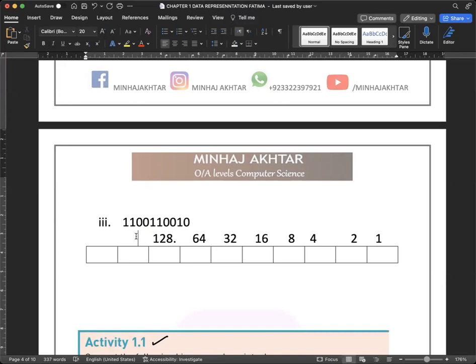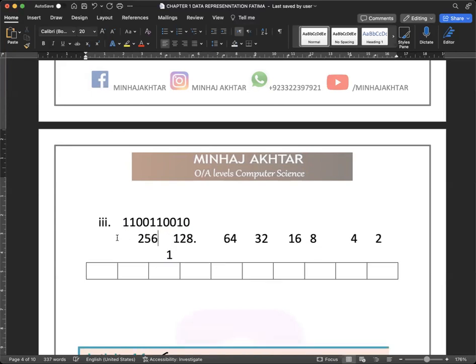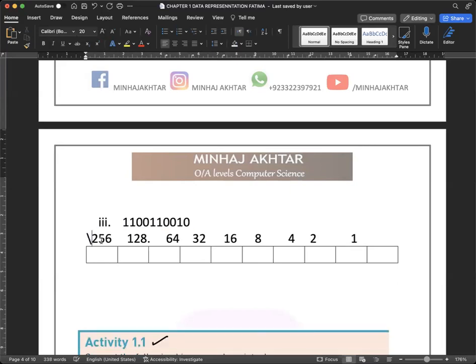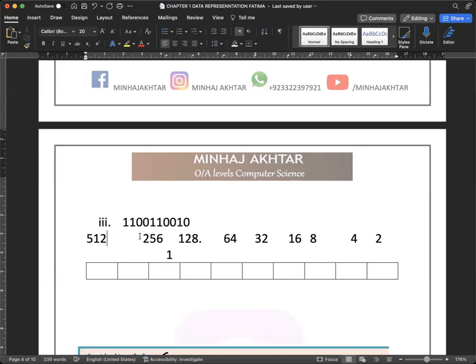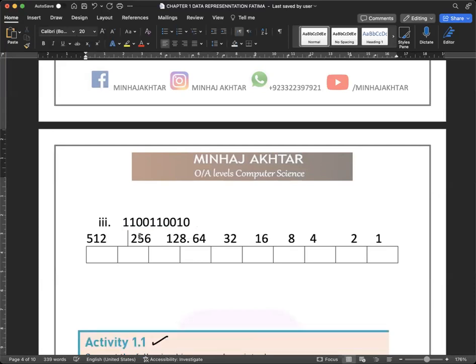Every number is multiplied by 2. So 256, and then 512. Perfect answer. Very good answer. That's a great answer.